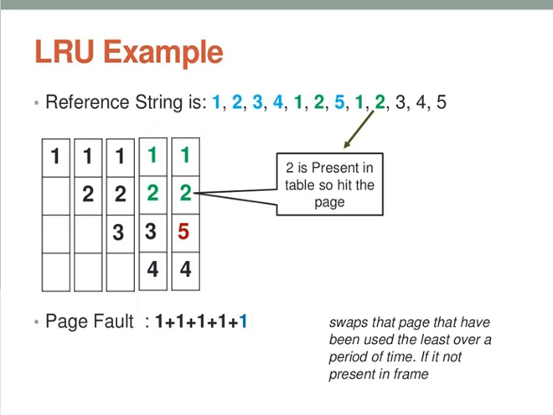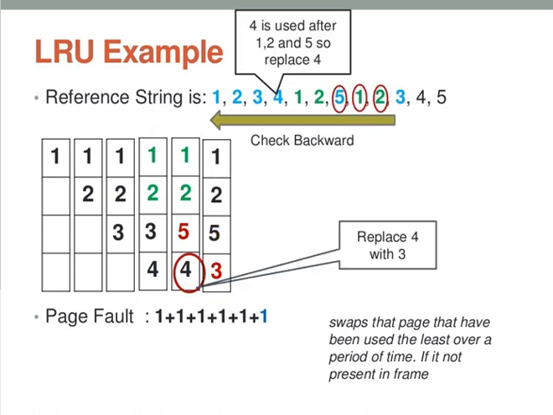Now we check for the page number 3. So page 3 is not available in the buffer in the frames, then we have to replace one of the page by a page 3. So which page is used? So let us check in the backward manner. So in the backward manner if we check, so 1, 2, 5 and 4.